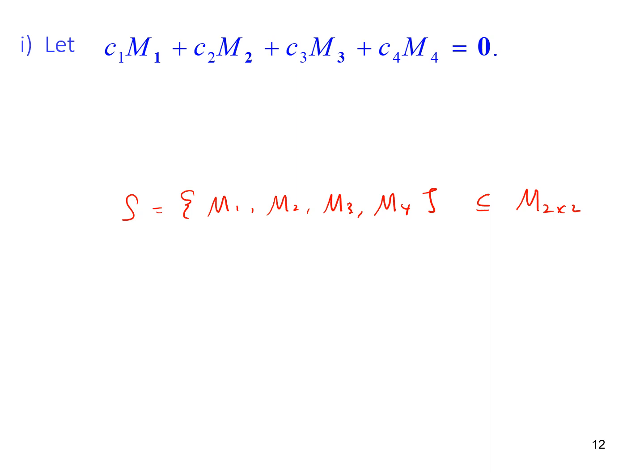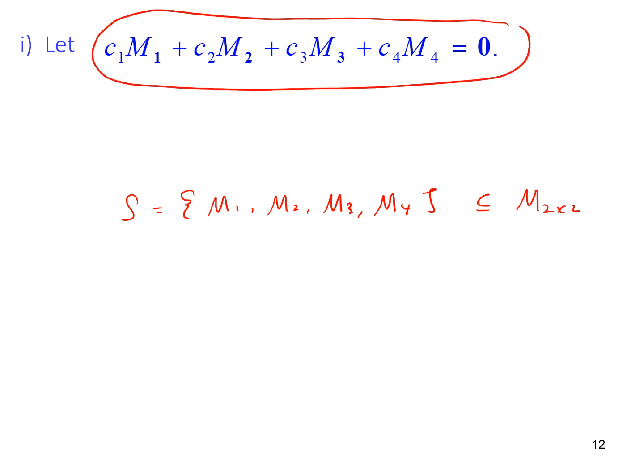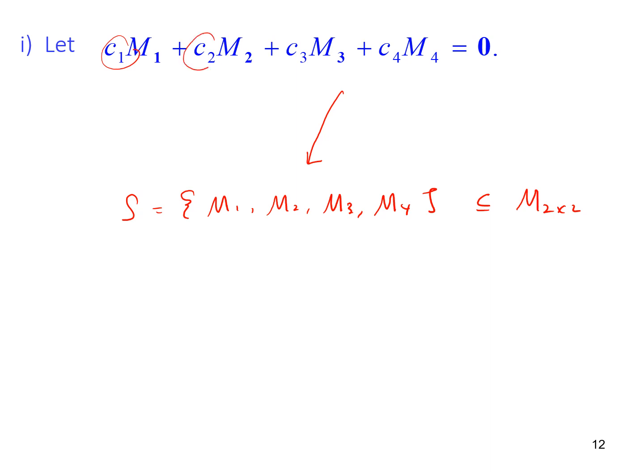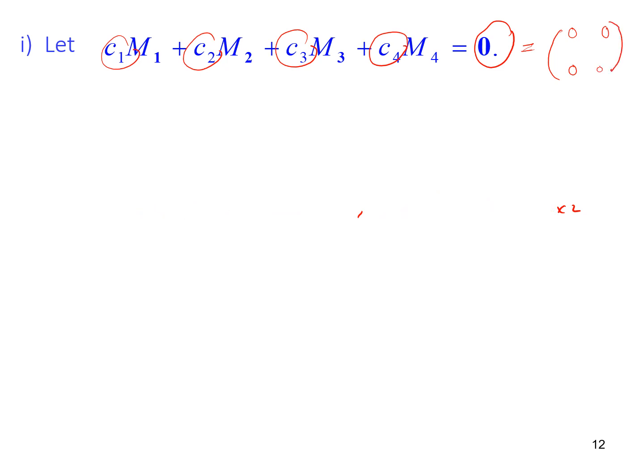To show that this set is linearly independent, we have to consider this equation, where M1, M2, M3, M4 are in S, and C1, C2, C3, and C4 are scalars whose values we have to verify, and the zero vector here is the zero matrix, a matrix with zero entries.